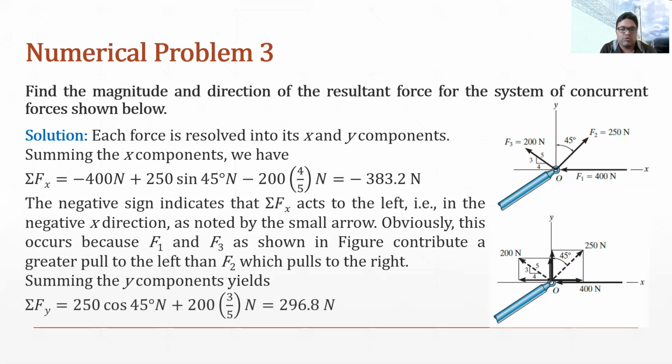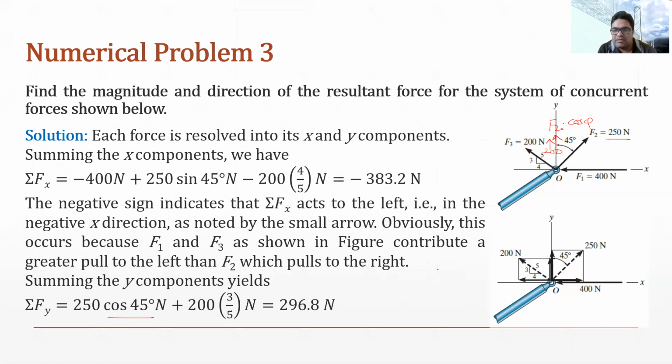So that is shown here. The vertical component of the 250 force will be 250 cos 45 degree. So this is written as F2 cos theta. Similarly, F3 is along the vertical direction and this will be 200.